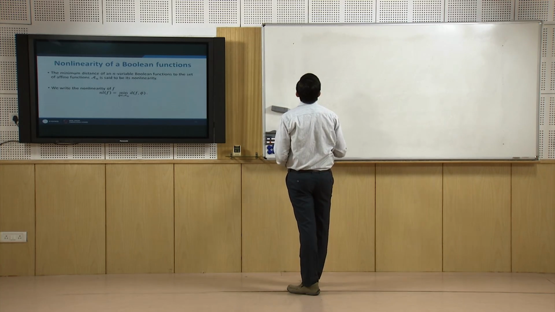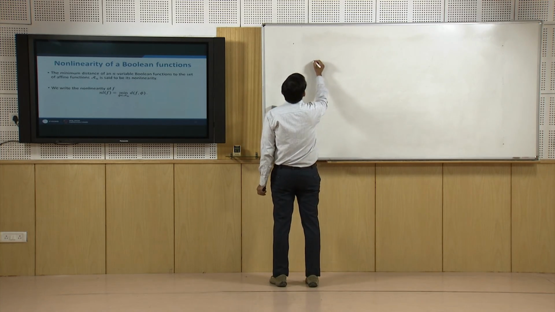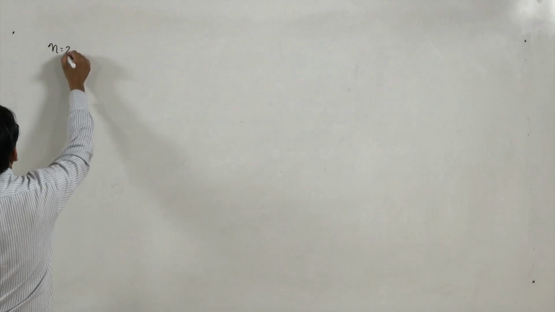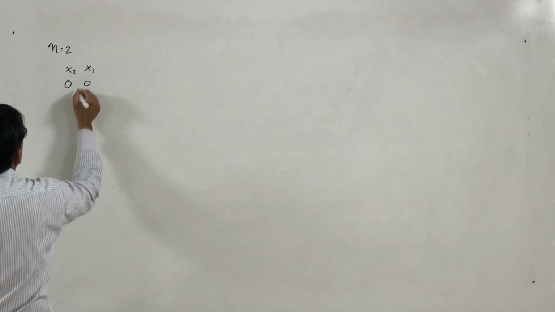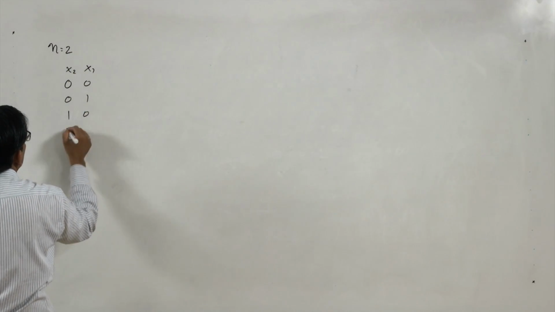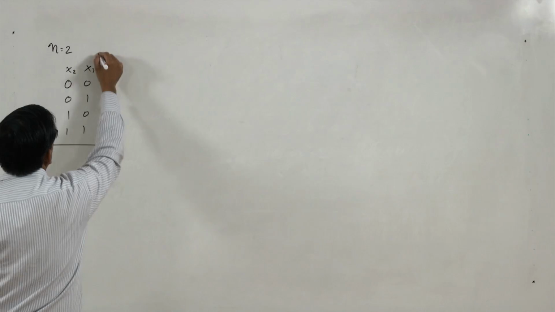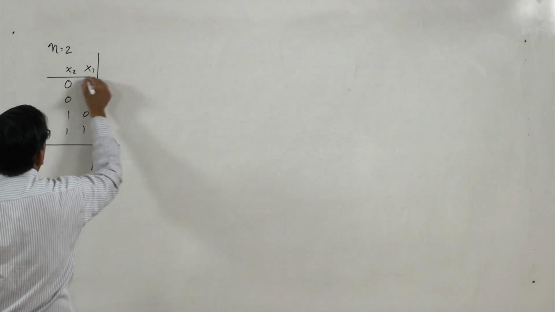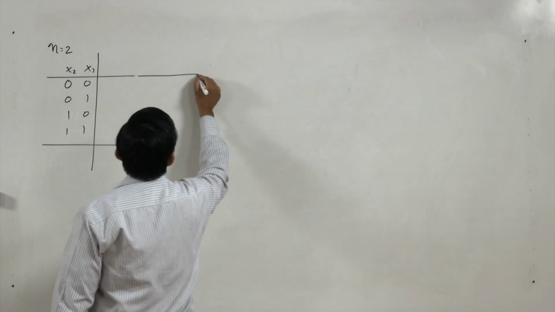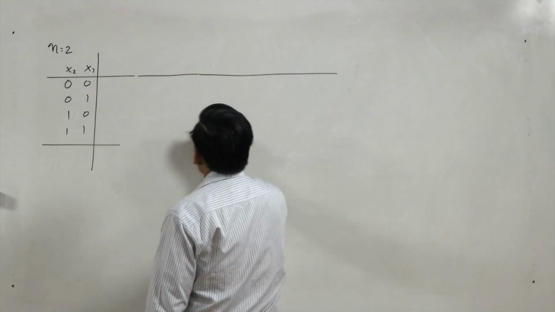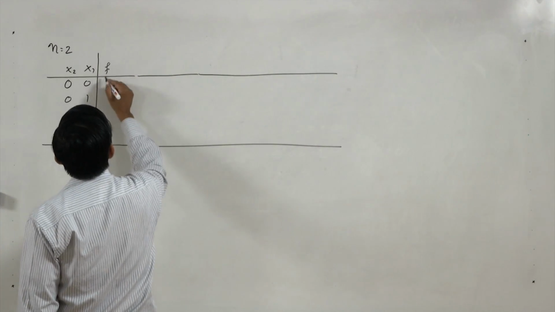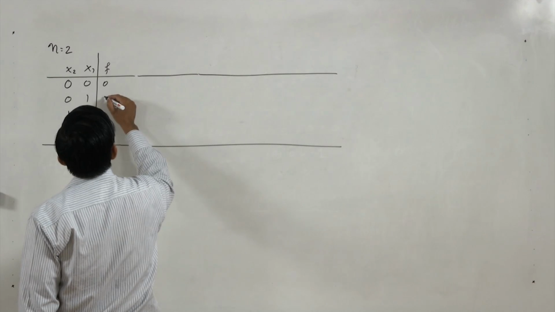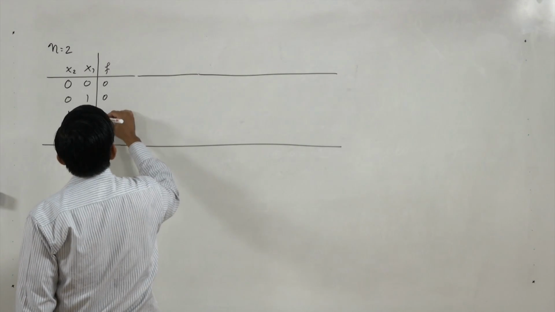I am taking n equal to 2 and my values are 00, 01, 10, 11, these are my domain points, and my function is 0 0 0 1.